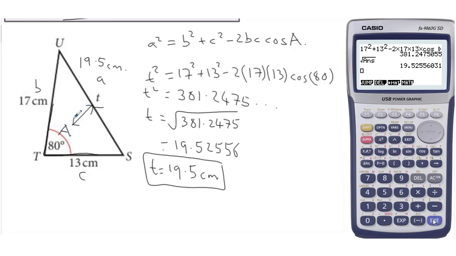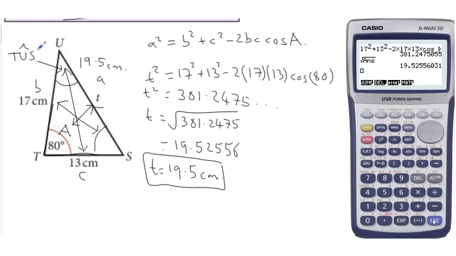You have 17 is opposite this angle. And we have 19.5. And we have 13 opposite the top angle. Now, we only need to find one of these because there's only 3 angles in the triangle, so it doesn't really matter. So I probably will maybe just find the top one, TUS.